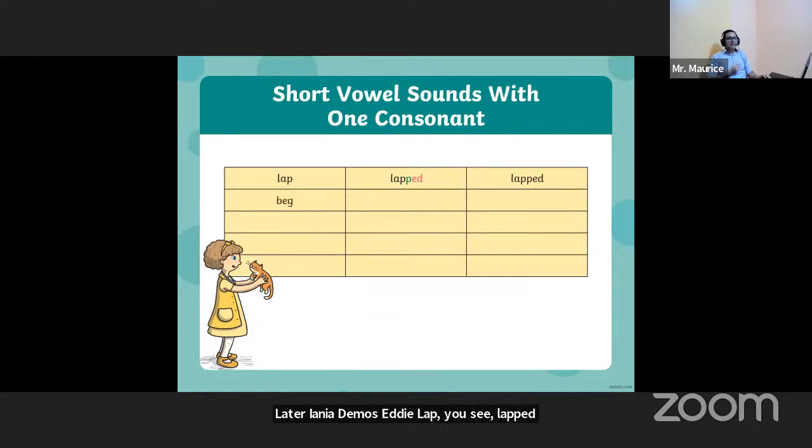Next one. Bag. Same thing. We duplicate the last letter and we add the suffix ed. Another one. Sip, sipped.